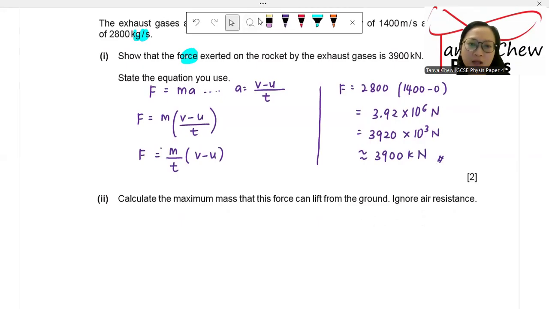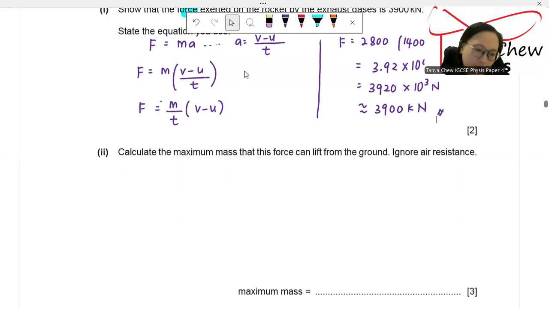Now the second part, calculate the maximum mass that this force can lift from the ground. Ignore air resistance. I am definitely going to use the same equation. F equals ma. So the maximum force is the one that I want to use. I want to use 3.92 times 10 to the power 6. You can use 3,900 kilonewton as well, it is not a problem.